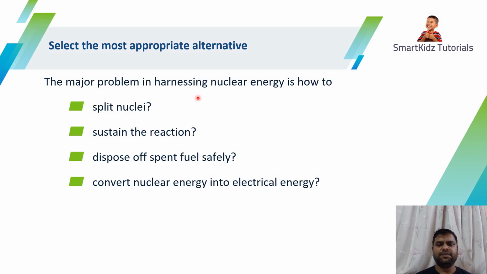The major problem in harnessing nuclear energy is how to, options given are, split the nucleus, sustain the reaction, dispose of spent fuel safely, convert nuclear energy into electrical energy. Now, all of these are difficult.